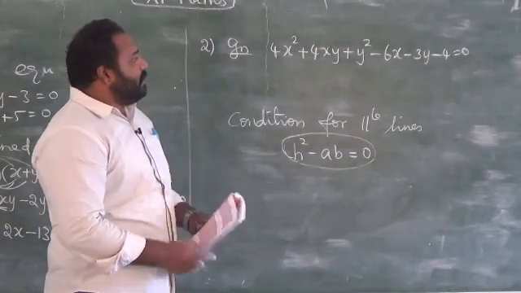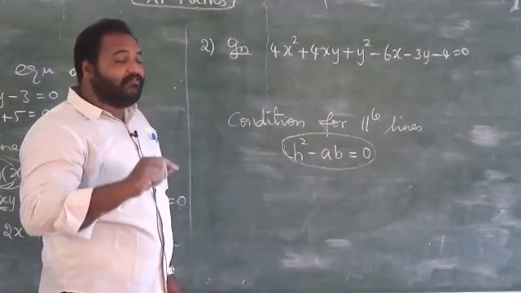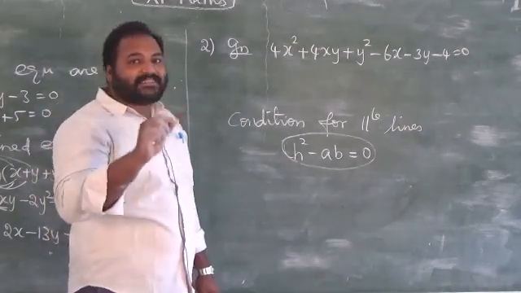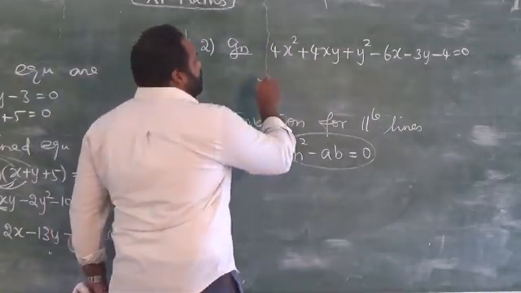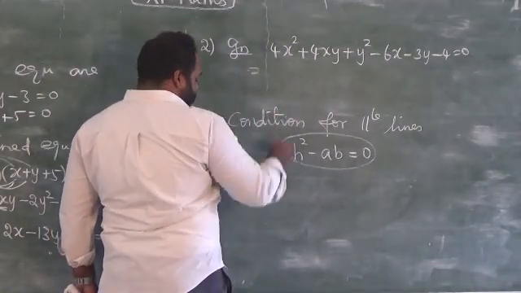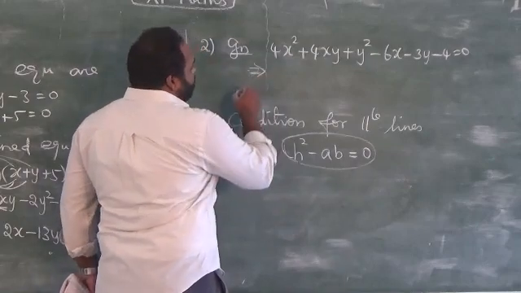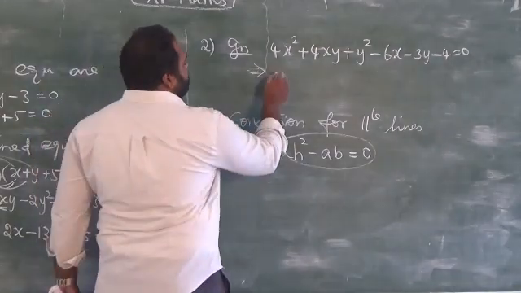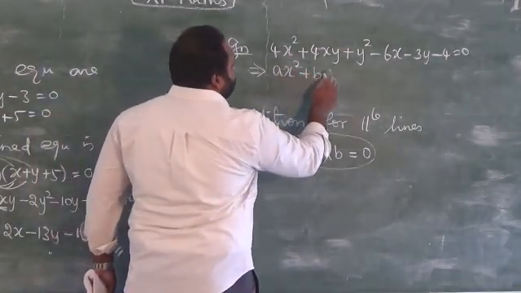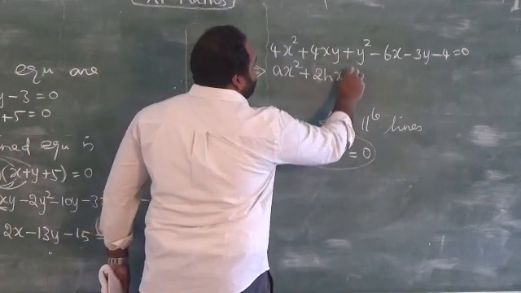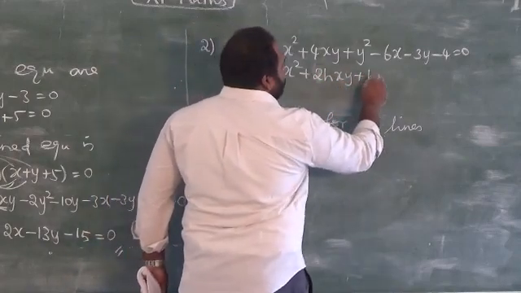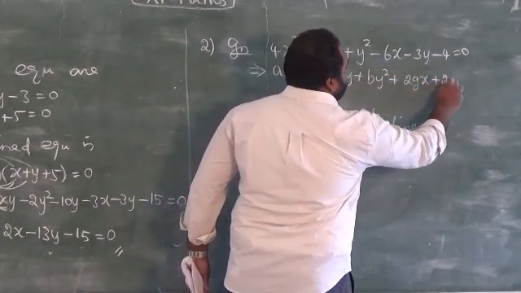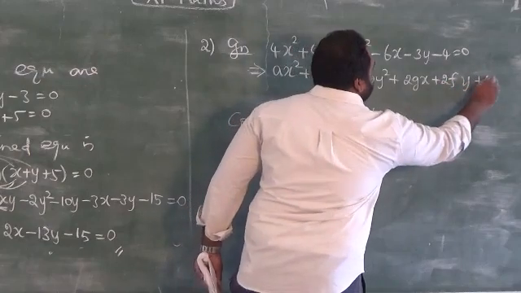So I am writing the general form one more time for the beginning of this problem: ax square plus 2hxy plus by square plus 2gx plus 2fy plus c equal to 0.